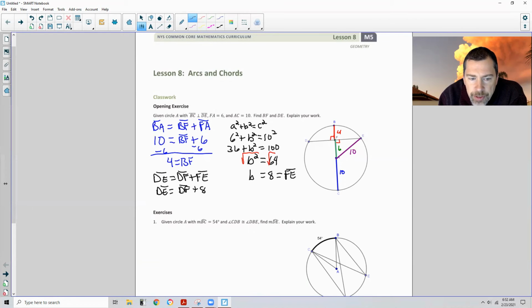Unfortunately, we still have 2 unknowns, but if I drew a segment over to here, that would also be 10, and therefore we have two congruent triangles. So DF is also 8. I'm going to erase that and put 8 in there. So this is also 8. So DE equals 16. Alrighty, so there's the opening exercise.